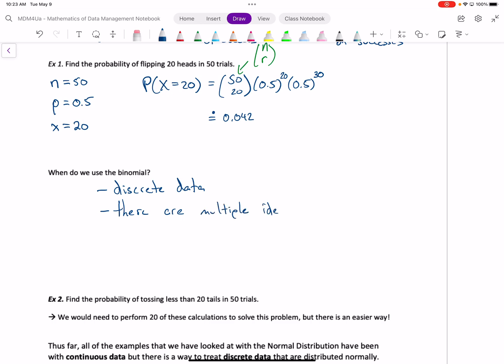And the trials have to be identical. What that means is that the probability doesn't change. Like if I toss a head, the 10th time my probability of a head is the same as the first time. It doesn't change.